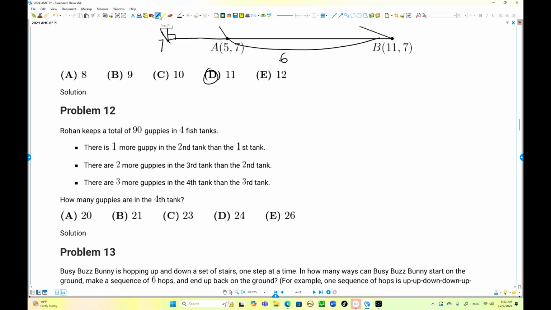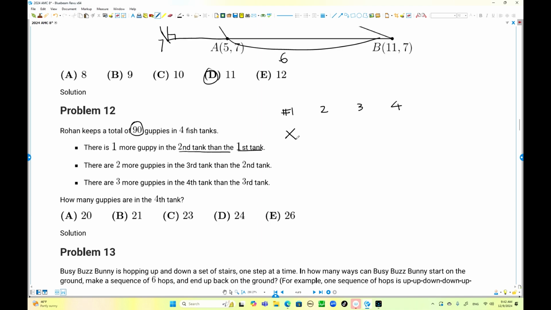Here's number 12. Lohan keeps a total of 90 guppies in 4 tanks. This is tank number 1, 2, and 3. We have a third tank, a fourth tank. Total is 90, right? The second tank has one more than the first tank.